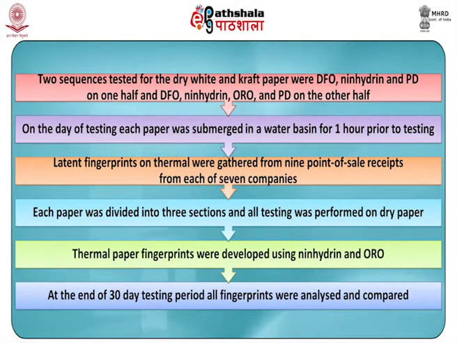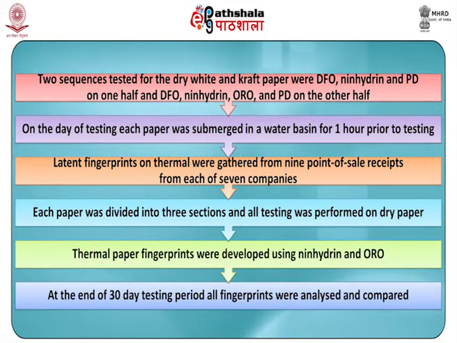The wet papers used the same two sequences except that on the day of testing, each paper was submerged in a water basin for 1 hour prior to testing. Latent fingerprints on thermal paper were gathered from 9 points of scale received from each of 7 companies.